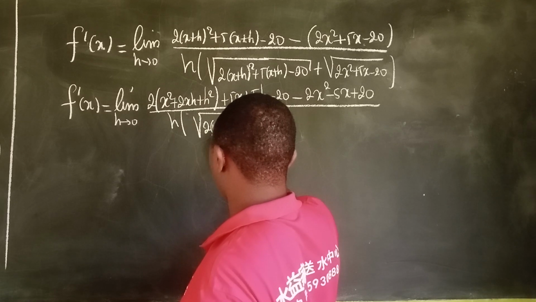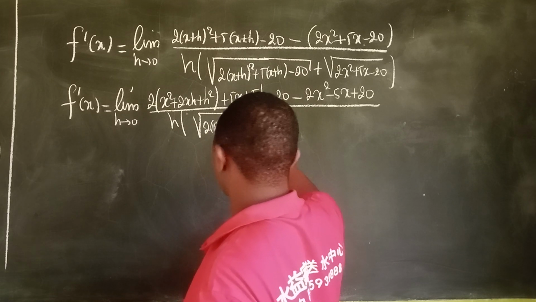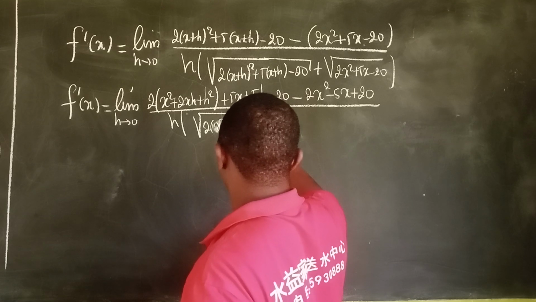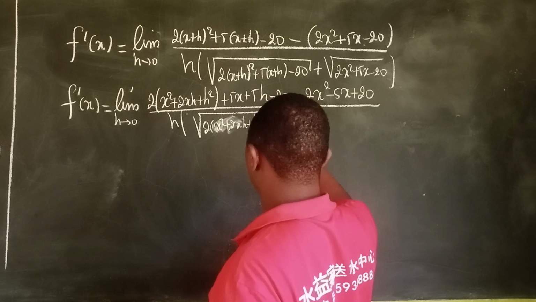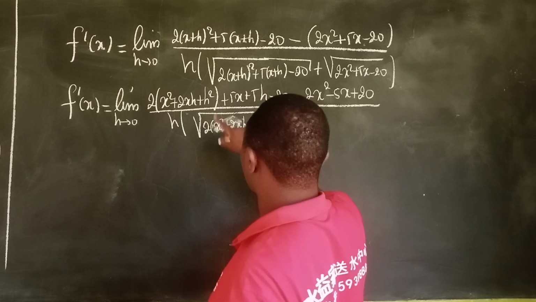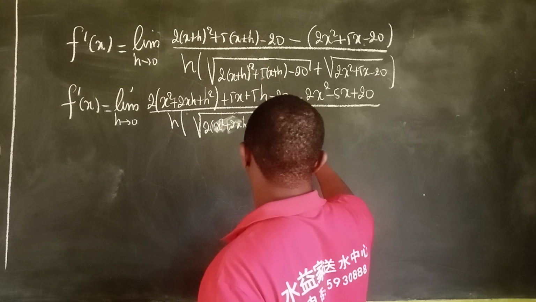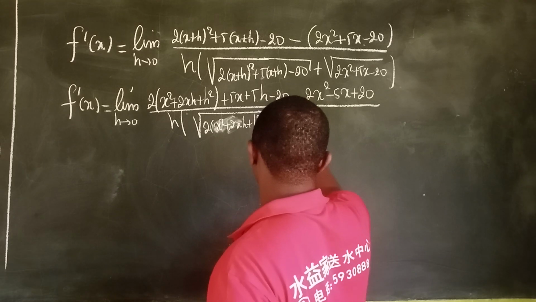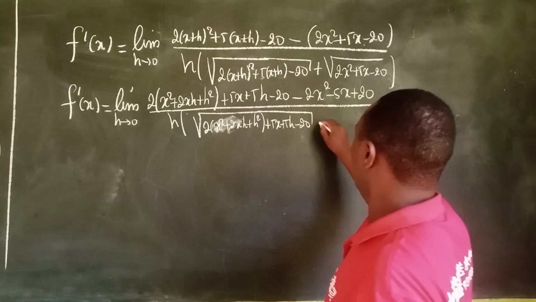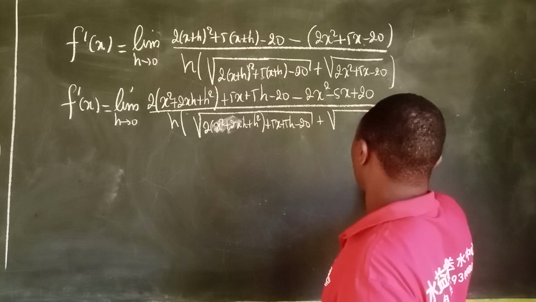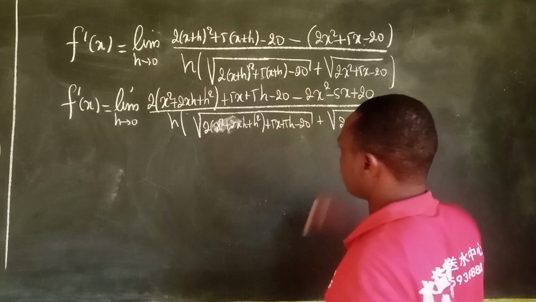Here is x² + 2xh + h² plus 5x, here this 5 in here, plus 5h minus 20, extending this line, because it's the square root. Then we add the square root of 2x² + 5x − 20.